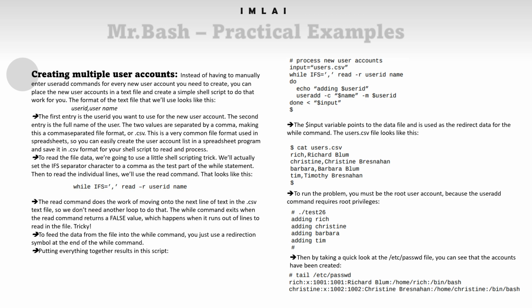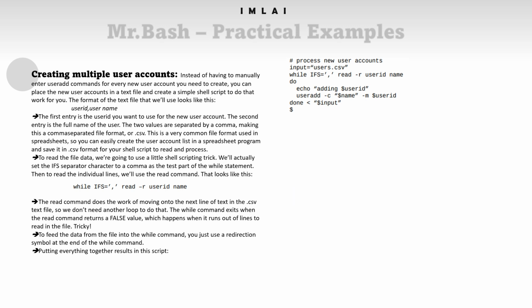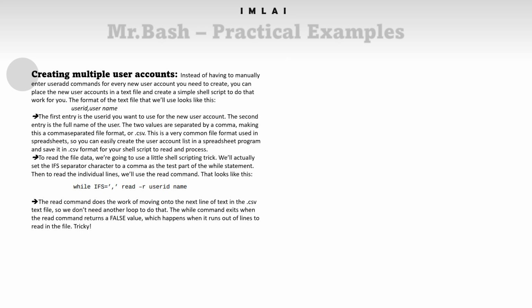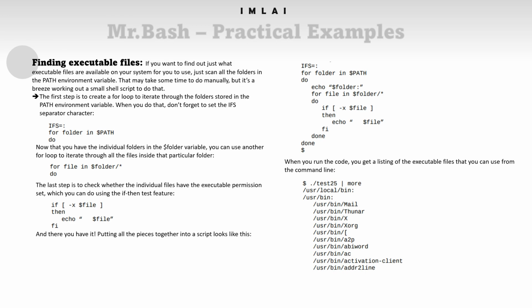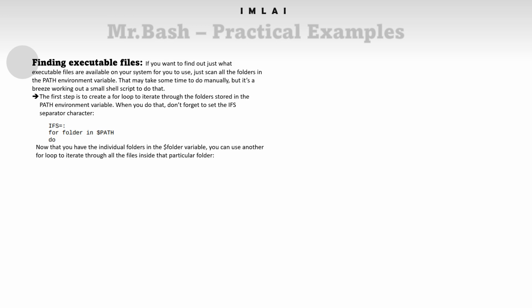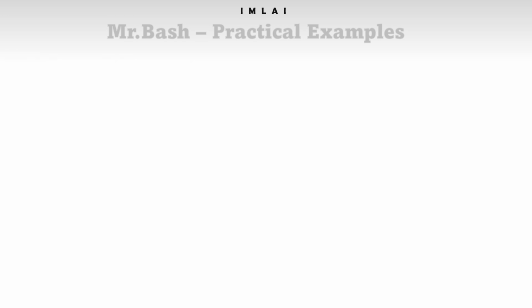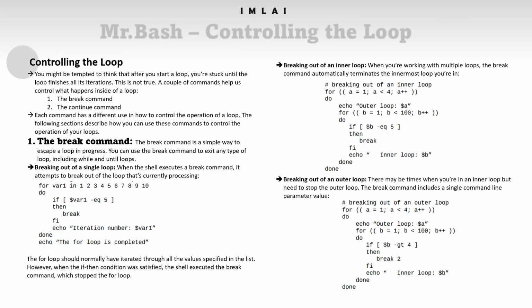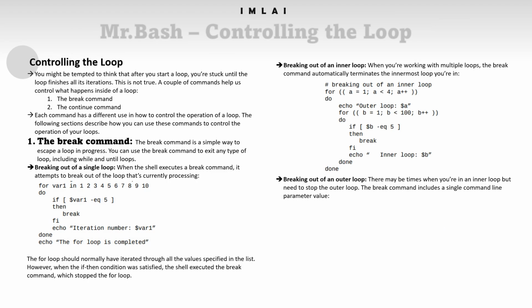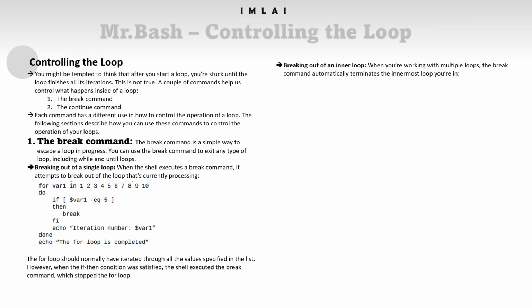So just to give a quick summary of looping. Looping is an integral part of programming. The bash shell provides three looping commands that you can use in your scripts.